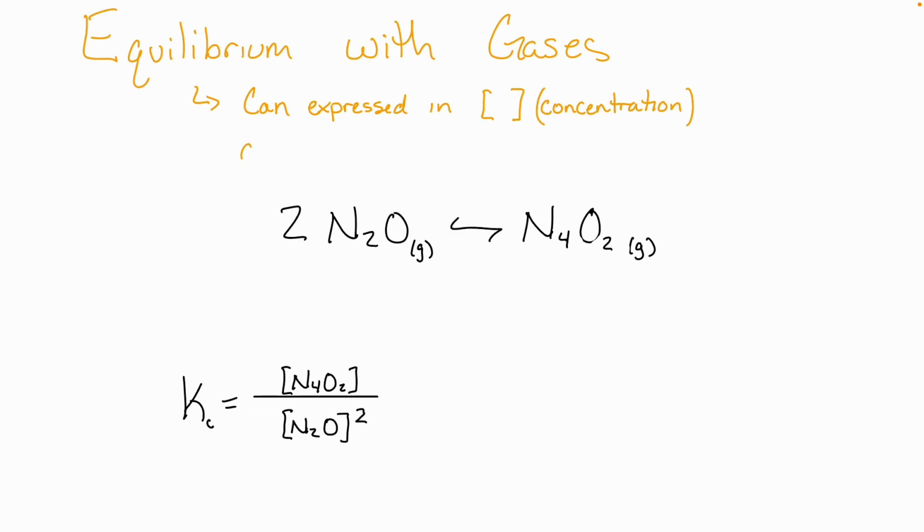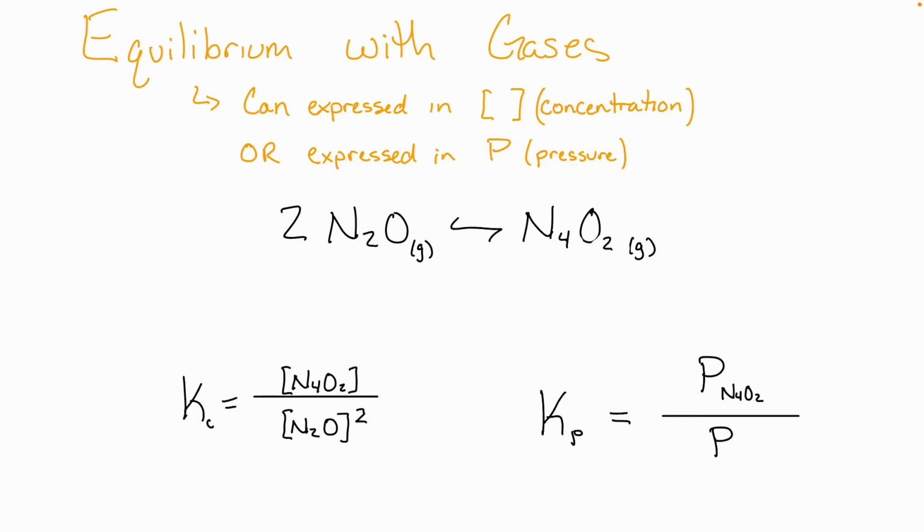Or you can express it in pressure. Okay? And it would look the exact same, but you would say the pressure of each one of these gases. And we would call that a Kp. How you build it is the exact same. It's just instead of concentration, you use pressure. So this would be the pressure of N4O2 divided by the pressure of N2O squared.